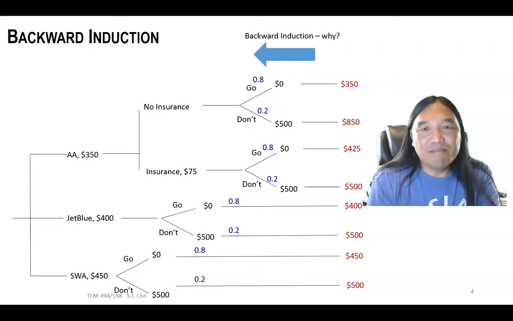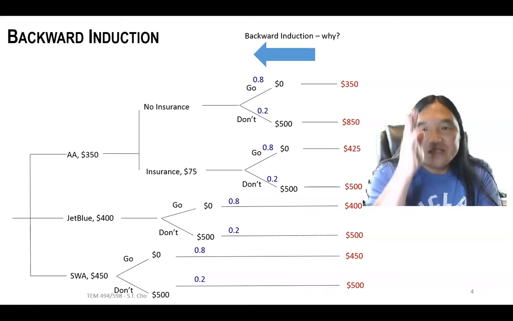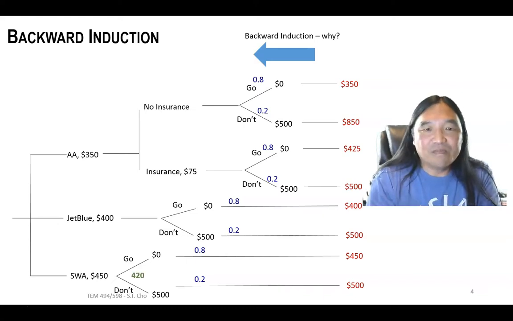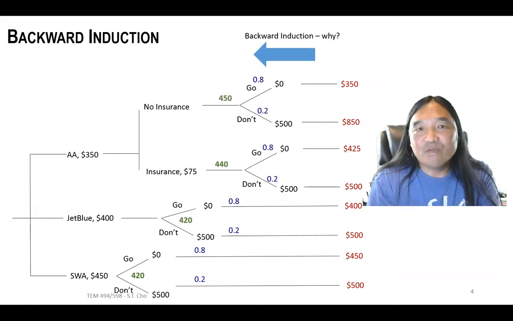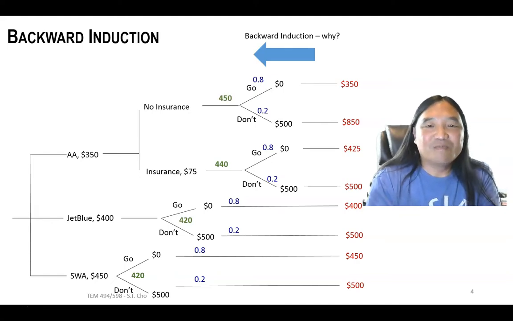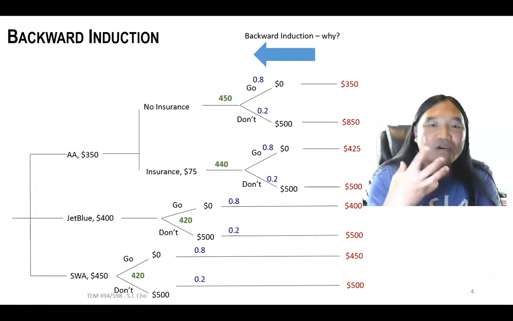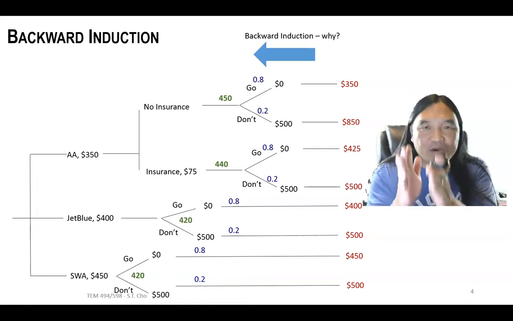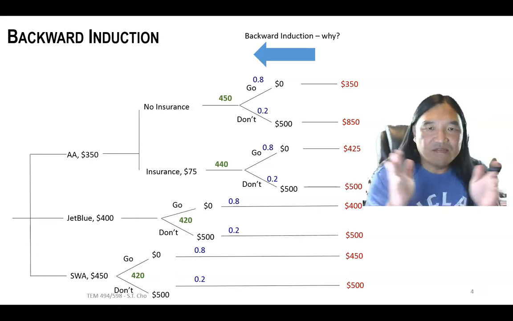However, this is what I mean by backward induction. Typically, you look at the end result, but besides the end result, you also look at the interim results. And the reason why you look at the interim results is because that's what you're actually going to be paying before you've actually gone. So you can see what the upfront costs are. Why do you want to look at games in each of these steps?